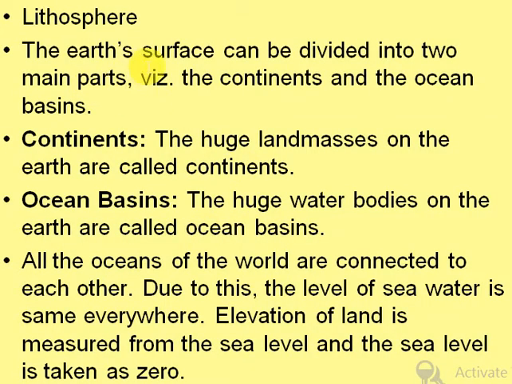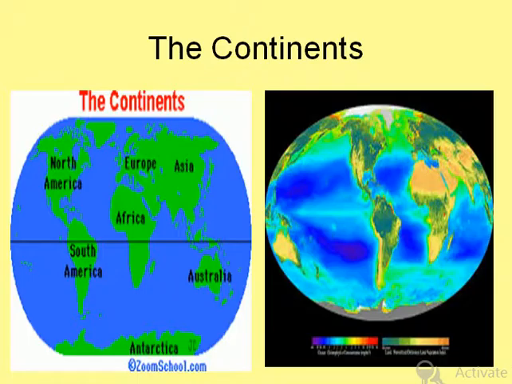So the Earth's surface can be divided into 2 main parts, continents and oceans. Continents, the huge land mass of the Earth, are called continents. So these are the land mass. This blue color is the water bodies.